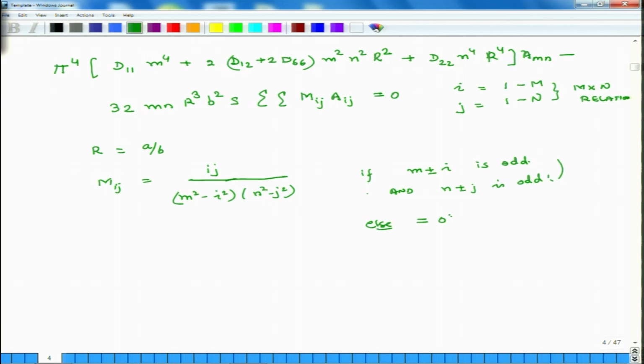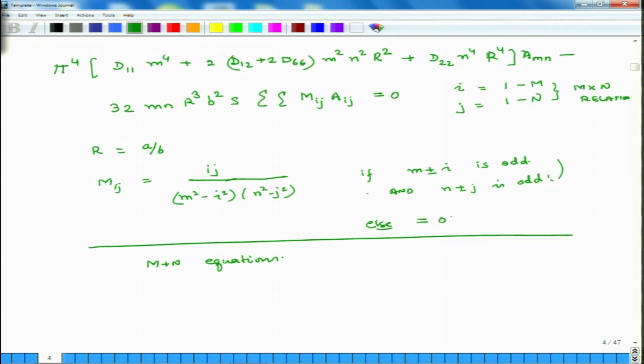In this way we get M times N equations, and then we solve for these equations. This is what we will discuss further tomorrow.